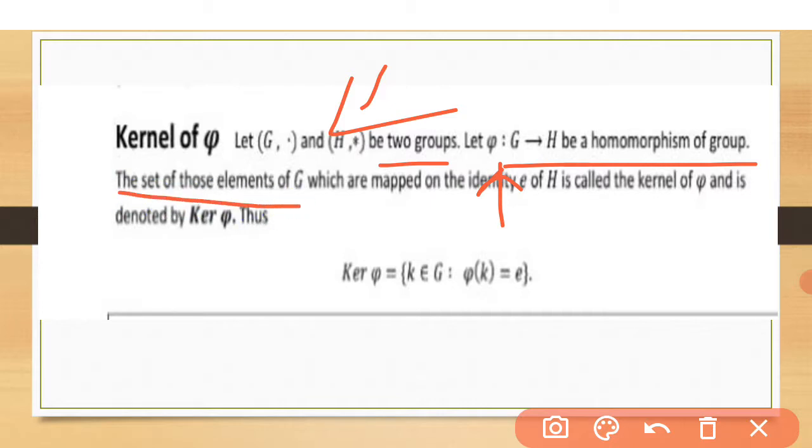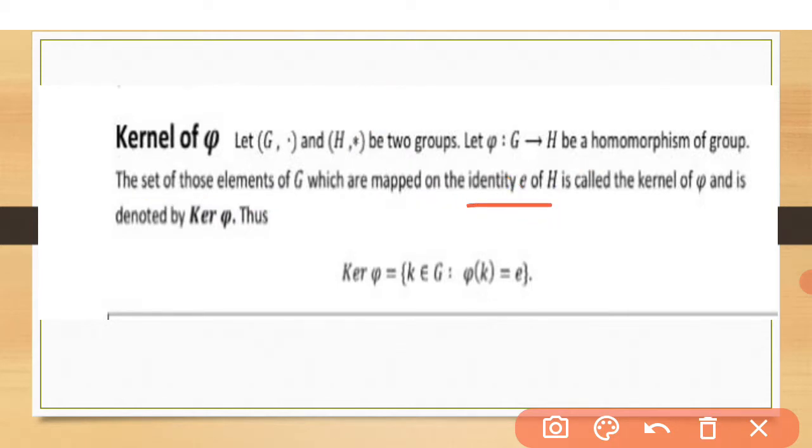The set of those elements of G which are mapped onto the identity of H is called the kernel of phi and is denoted by kernel of phi. Kernel of phi is equal to k belonging to G such that phi of k is equal to e. The elements of G that map to the identity element of H are called the kernel of phi.